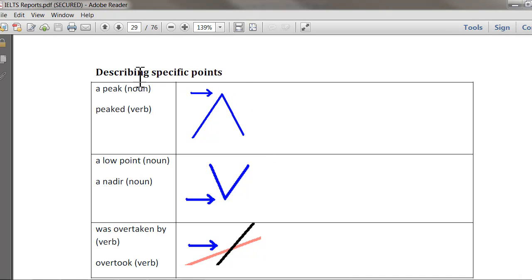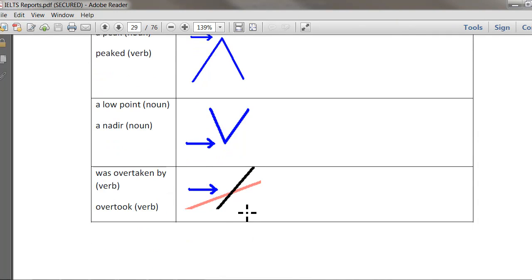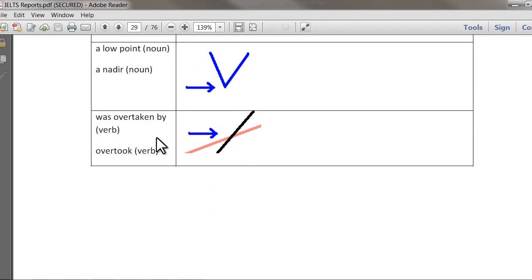Okay, we need language to describe specific points. So here we have a peak, a high point. So another way of saying a high point or low point, we can also say a nadir. So a bit of high level language there. Sometimes one of the lines crosses over one of the others, so we need a way to say this was overtaken by, or overtook.